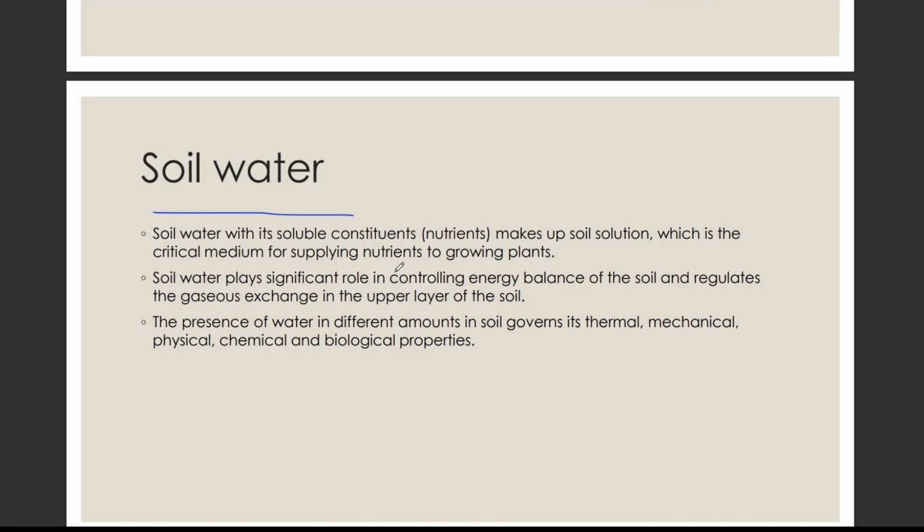Soil water plays a very important role in controlling the energy balance of the soil and regulates the gaseous exchange in the upper layer of the soil. Transpiration and photosynthesis are also maintained by soil water. The presence of water in different amounts in soil governs the thermal, mechanical, physical, chemical and biological properties. You can just remember these things. I don't want to explain them.